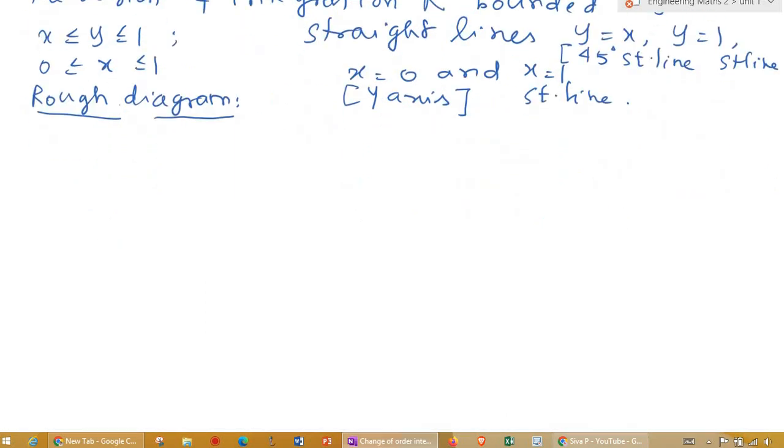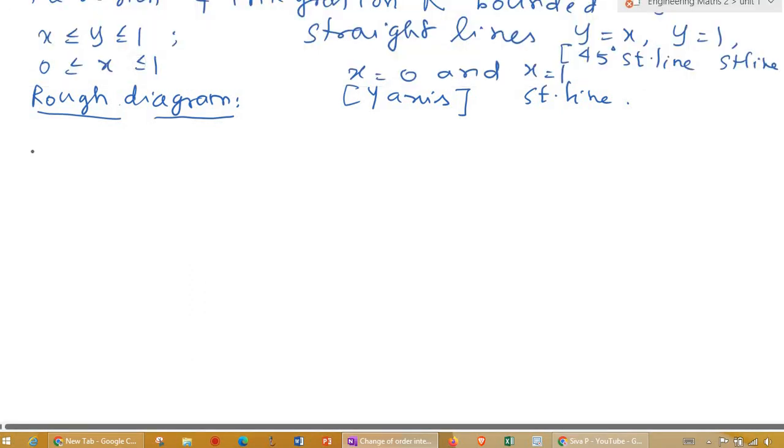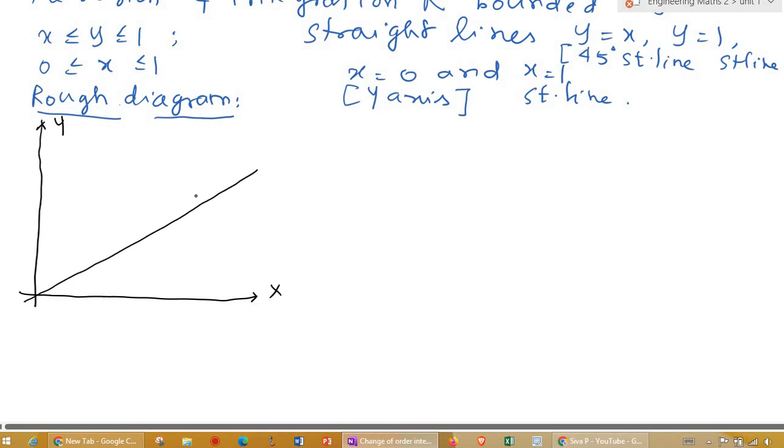Okay, let us draw the diagram. X axis, y axis. See what the first line is: the 45 degree straight line y equal to x. Draw that 45 degree straight line y equal to x here. So here the angle is 45 degree, and then x equal to 0, x equal to 1, y equal to x, y equal to 1.